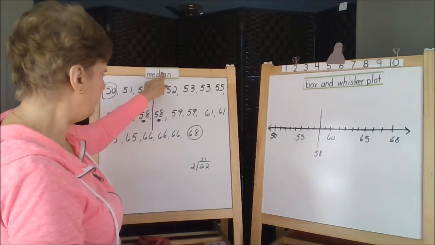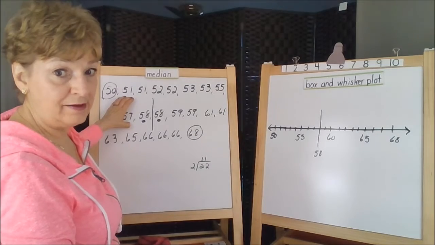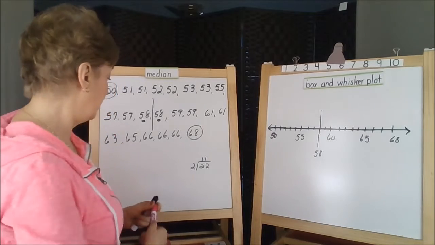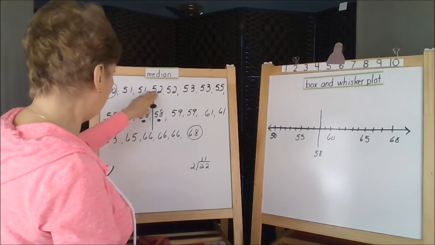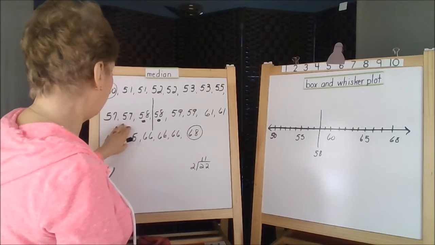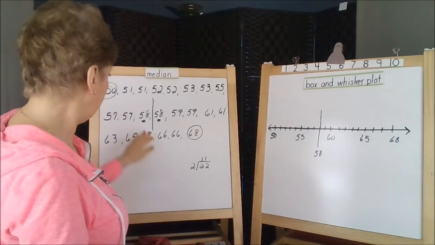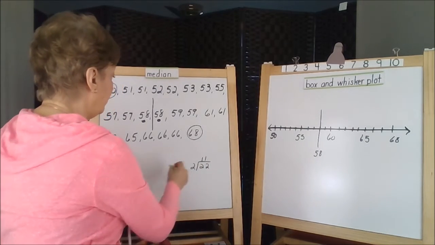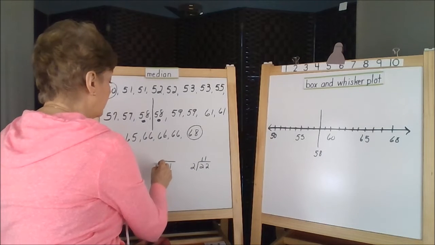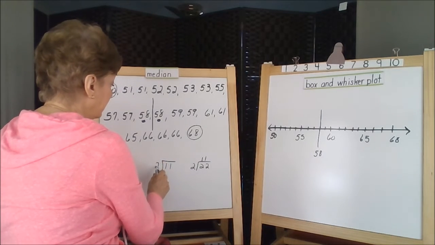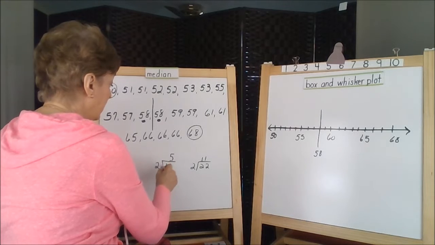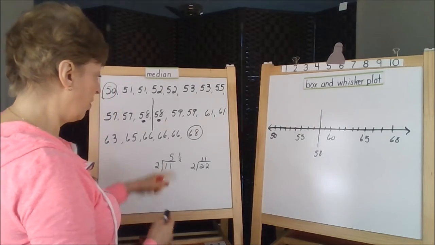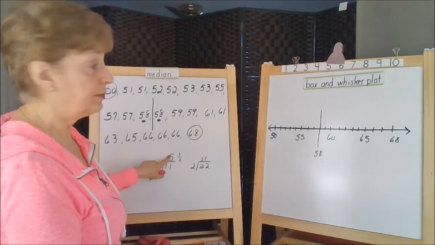Now we're going to take the median of the first half and the median of the second half. I'll do it in a different color so you can see this. Now we have 1, 2, 3, 4, 5, 6, 7, 8, 9, 10, 11 in this section. So I'm going to do another halfway mark for the 11. I'm going to divide that by 2, and that gives me 5, because 5 times 2 is 10, and 1/2. So I'm only going to be able to count over the whole number.